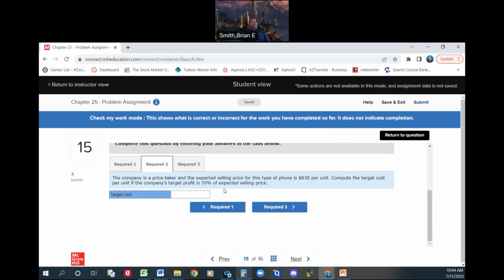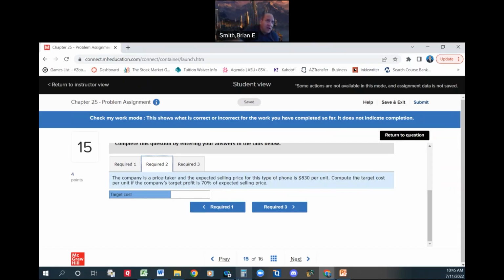Okay. The company is a price taker, meaning that whatever is out there, they're going to take. And the expected selling price for this type of phone is $830 per unit. Compute the target cost per unit if the company's target profit is 70% of expected sales.